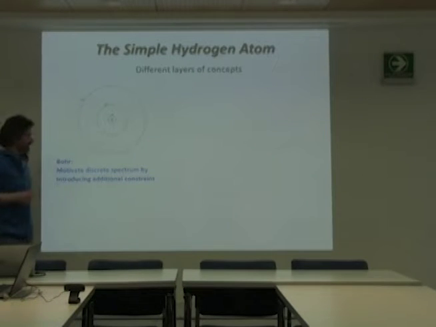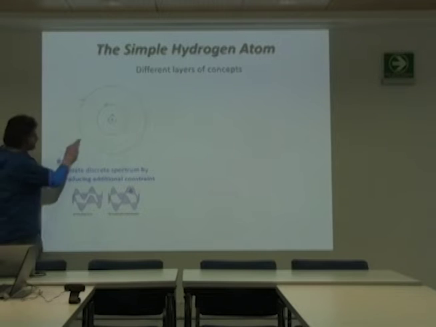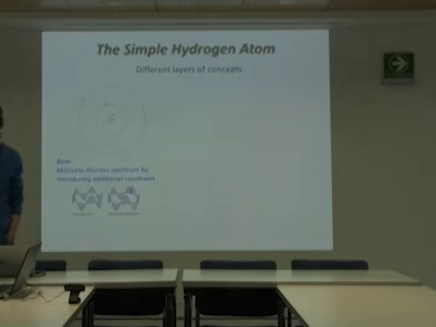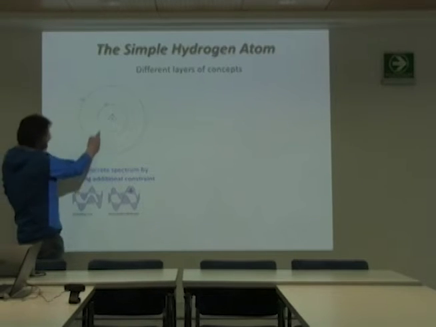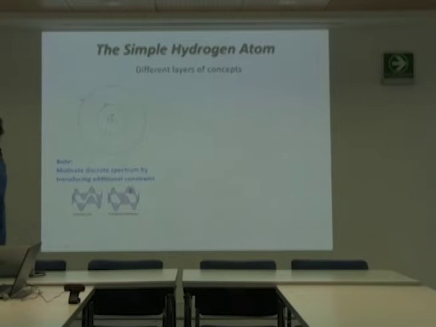Bohr came up first with this discrete spectrum as a proposal, by introducing an additional constraint, which is essentially that the electron is also a wave function, which matches the circumference, and if you solve that, you get quantized levels, and that's the Bohr model. And it comes out with very simple formulas.